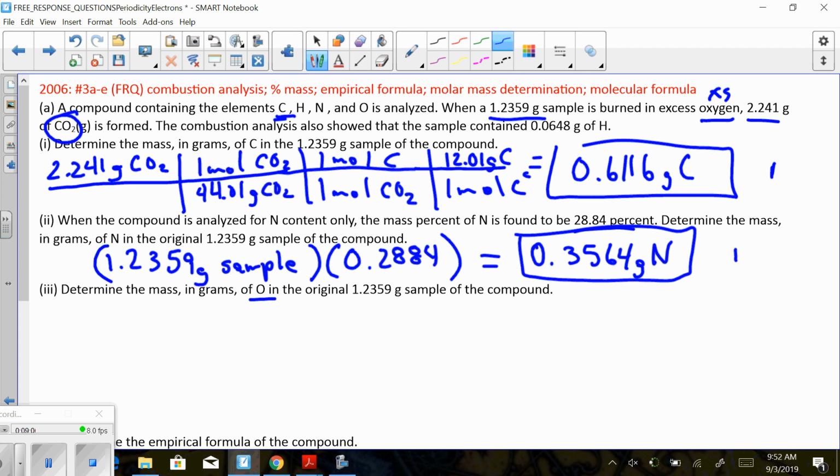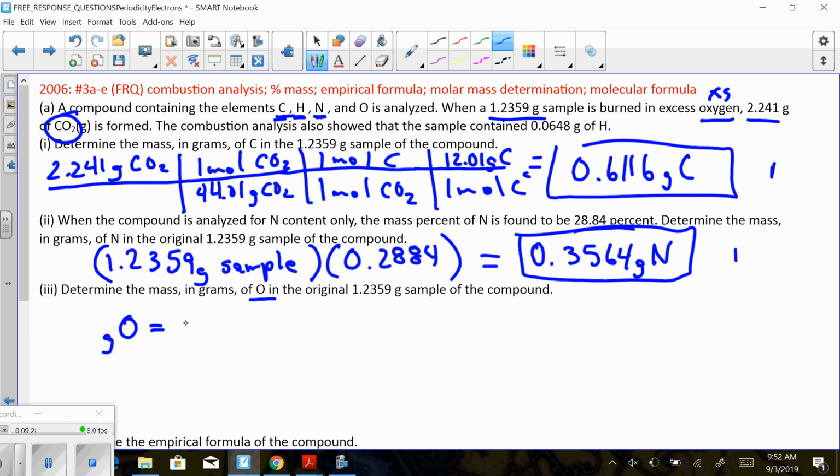I just found that here. I know I have the mass of nitrogen in my sample. Just found that there. They also gave me the mass of hydrogen in my sample. So if I know the mass of my sample, all I have to do is subtract everything to get the mass of oxygen.